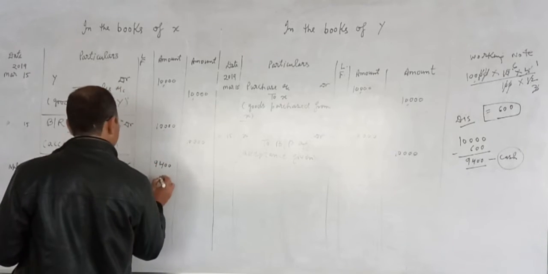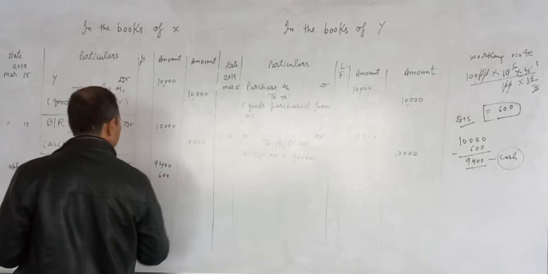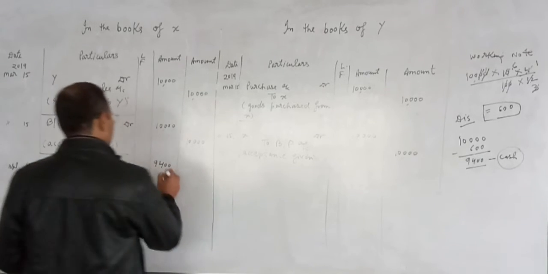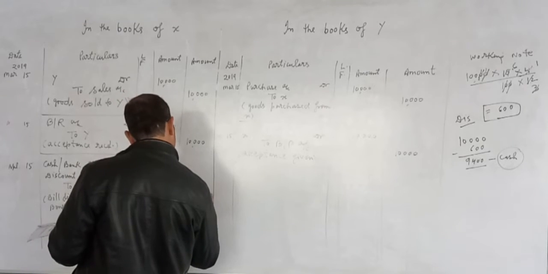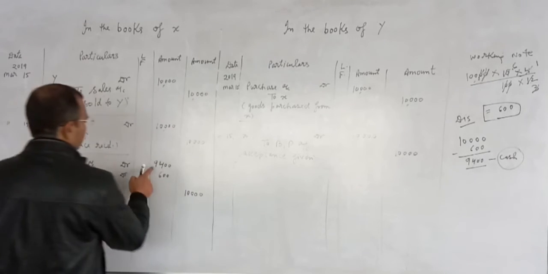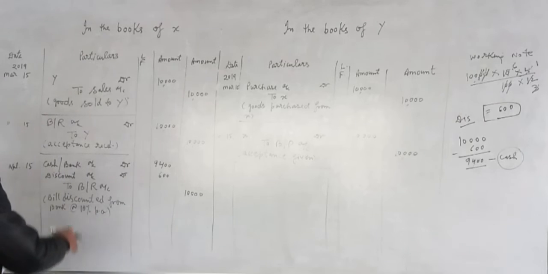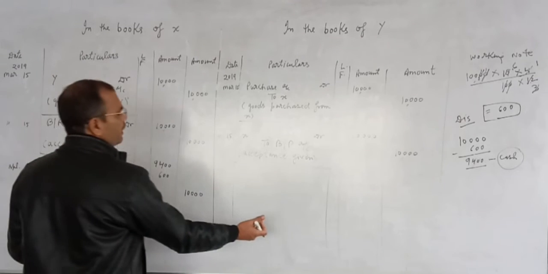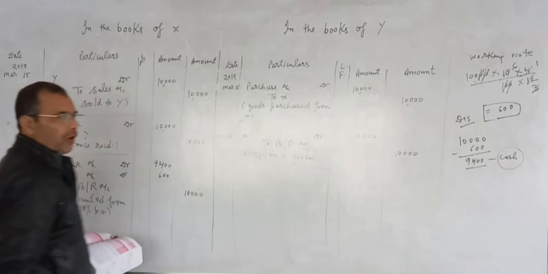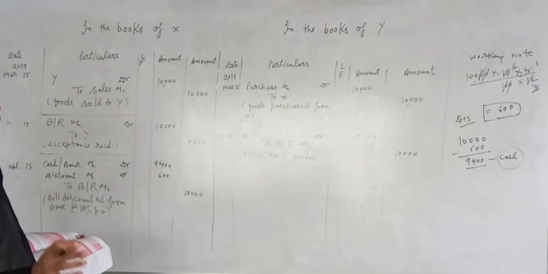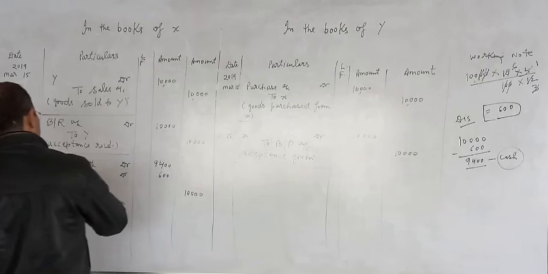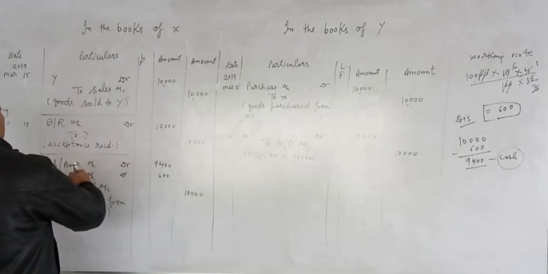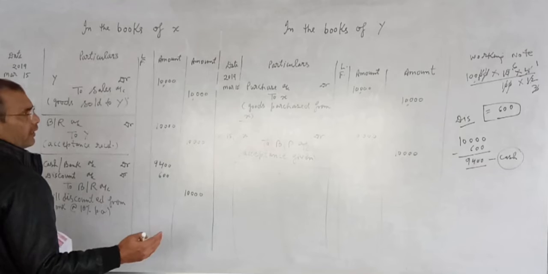The amount of discount will be written here, 600, and after adding these two amounts, the amount of bill will come, you can see here. And we will not make the opposite entry in the books of the drawee. The name of the drawee is Y. We will not write because the transaction occurred between X and the bank.